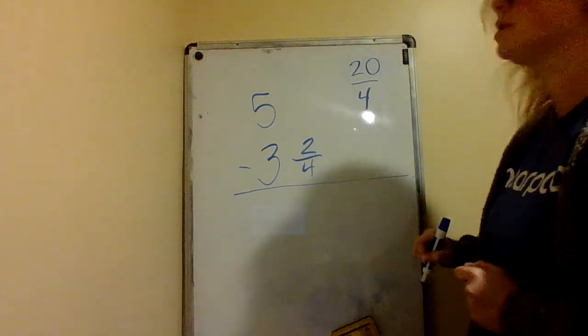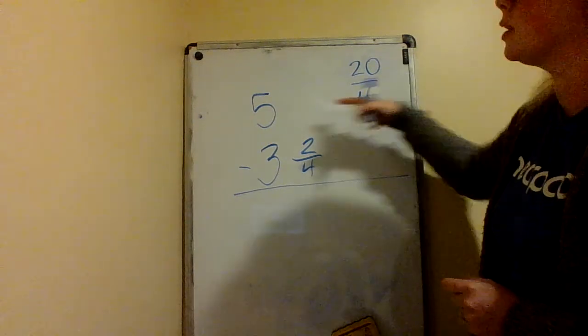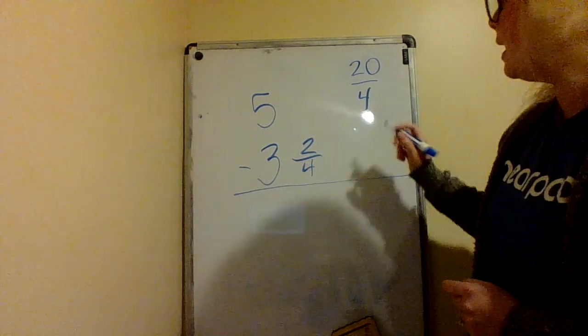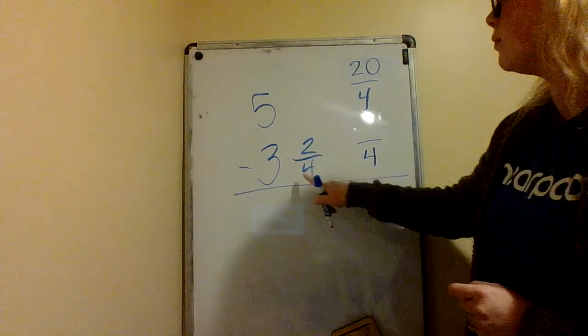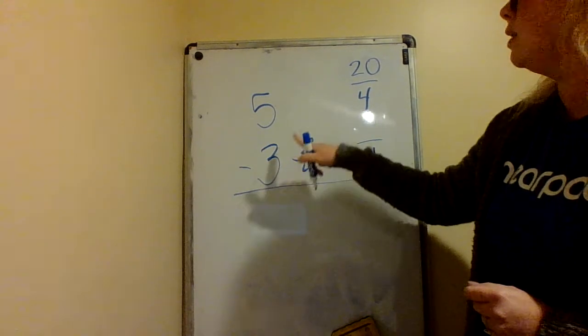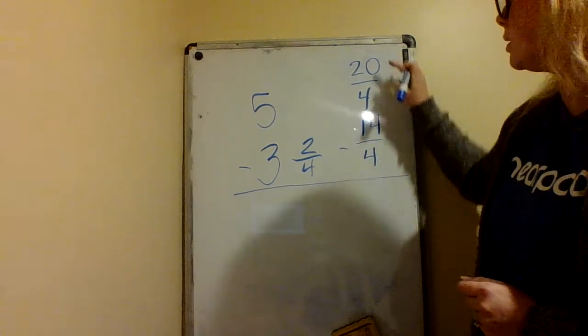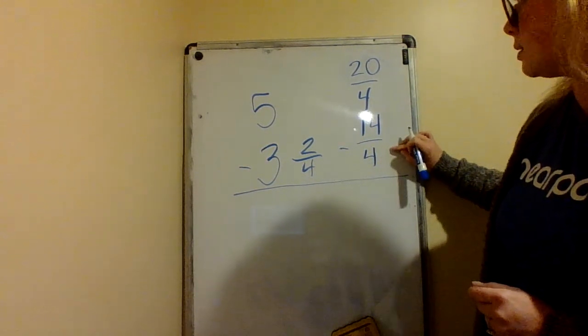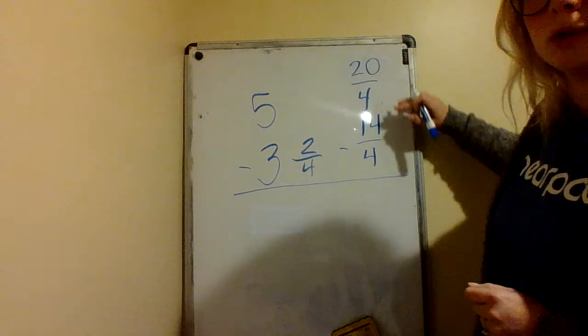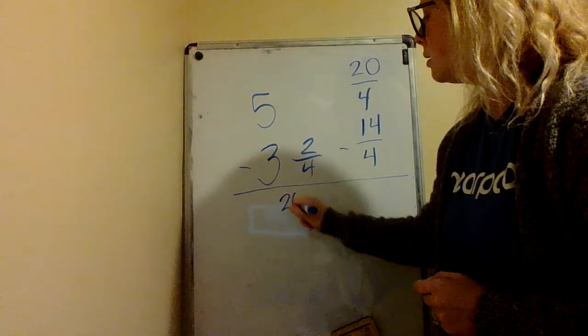Awesome. Okay, so we have 20 fourths, or I think 20 divided by 4 gets you that 5 wholes. And then we're talking fourths. So 4 times 3 is 12, 13, 14. So we have 14 fourths and 20 fourths. 20 fourths minus 14 fourths.